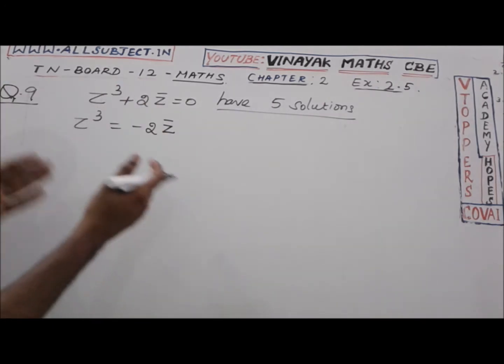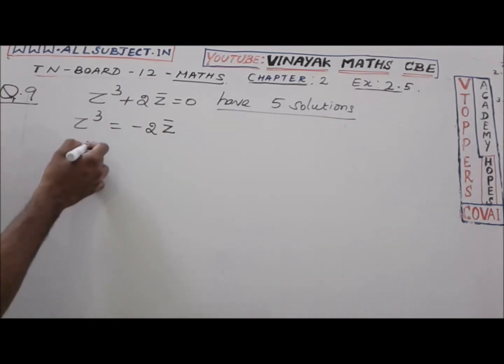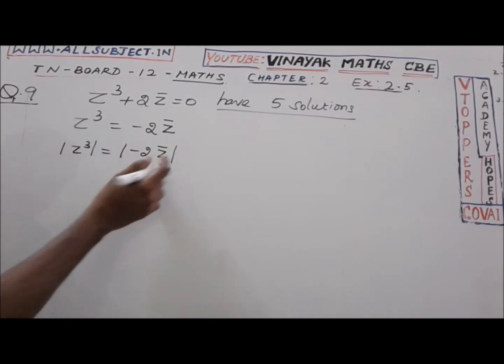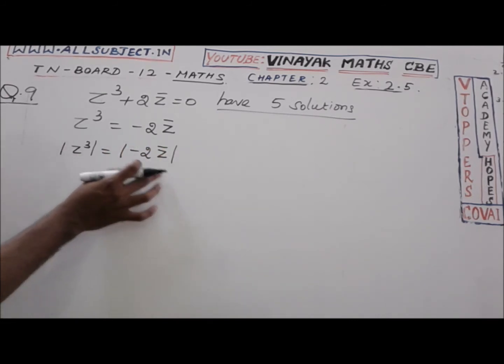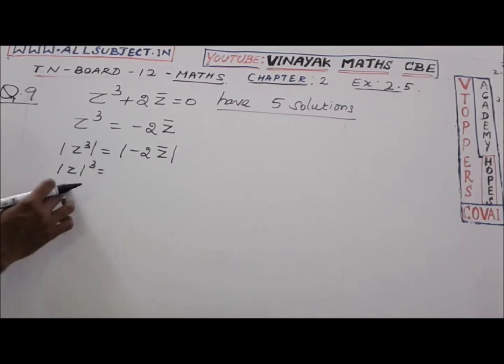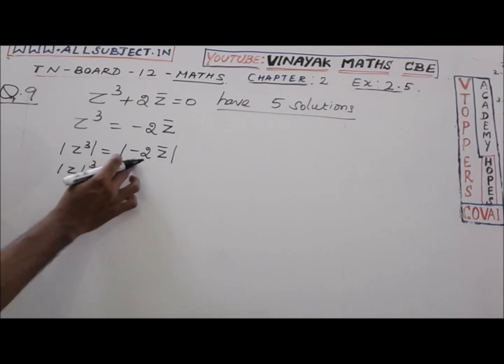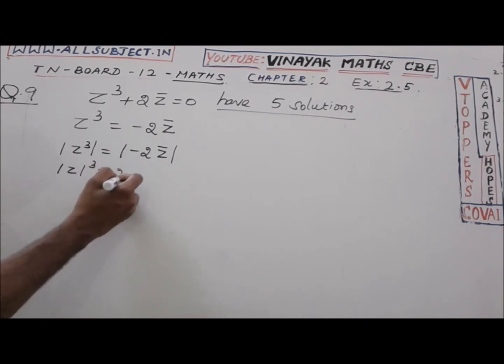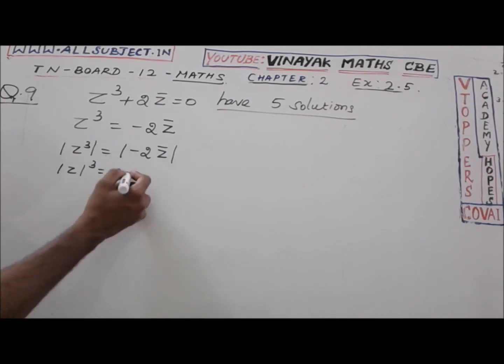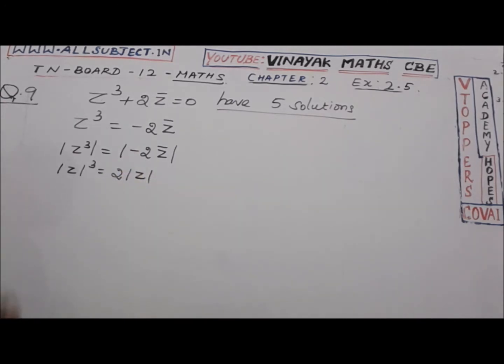Now taking modulus on both sides, modulus of z cube equals modulus of minus 2 into z bar. Separating the modulus, modulus z whole cube equals 2 into modulus z, since modulus of minus 2 is 2 and modulus of z bar equals modulus z.